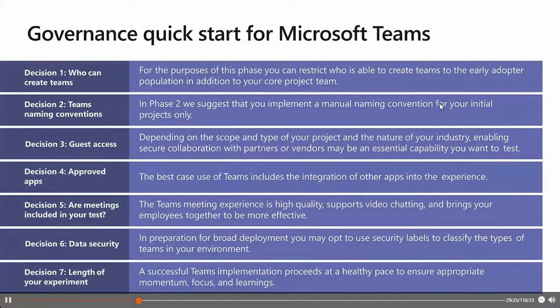If you extend the experimentation for too long, the risk is higher that the whole program will fail. So really don't take it too long. The 60 days is a good number you should keep in mind for your implementations.